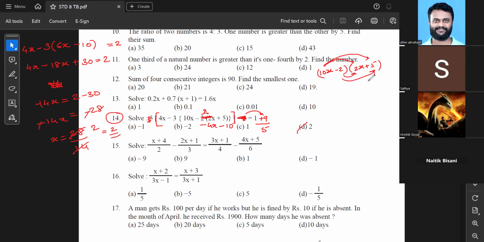Sir, in 4x minus 3, is there a bracket on 4x minus 3 as well? No. See, the square bracket: 4x is alone, minus this square bracket which starts over here and ends at this point. So 4x is not together with it. If it was like this, that would have been a different story.